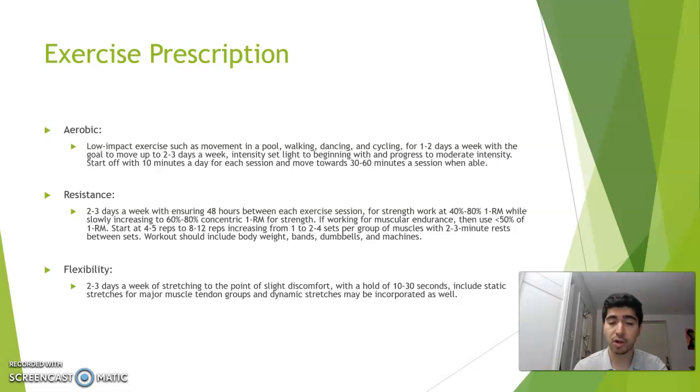We could start off at 4 to 5 reps, progressing to 8 to 12 reps, increasing from 1 to 2 to 4 sets per group of muscles, and also include a rest time of 2 to 3 minutes between each set.